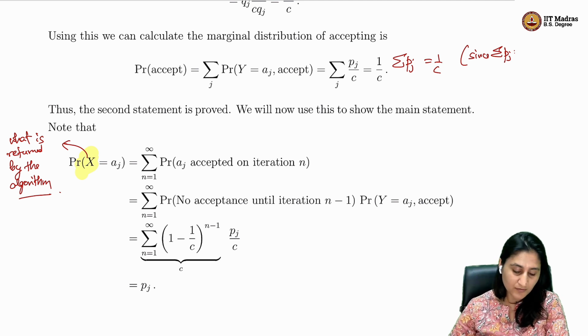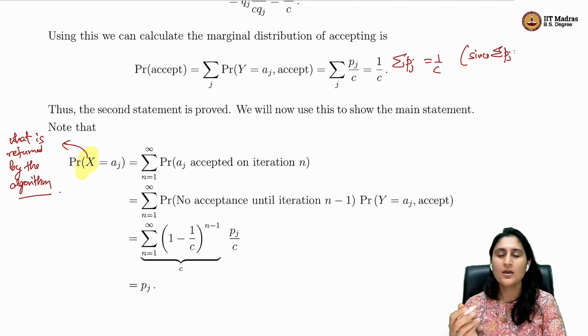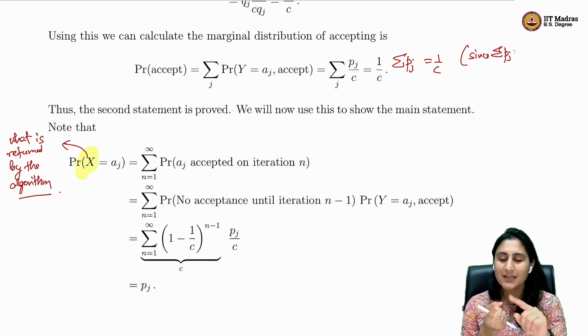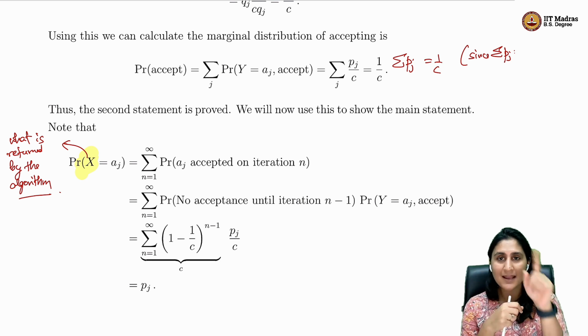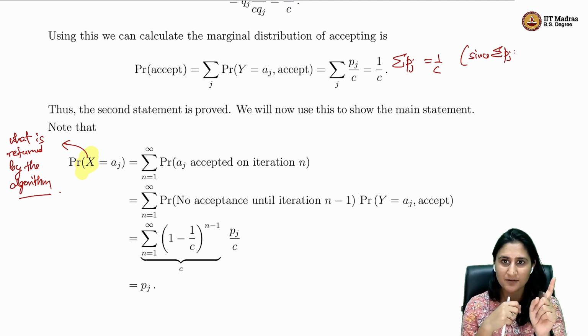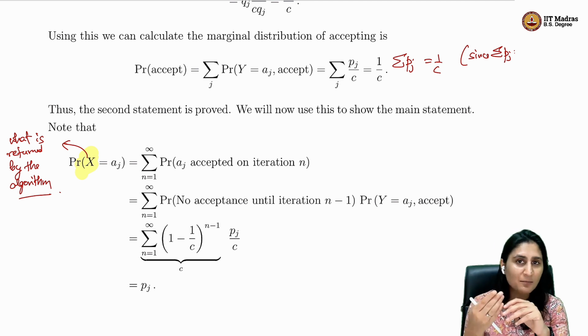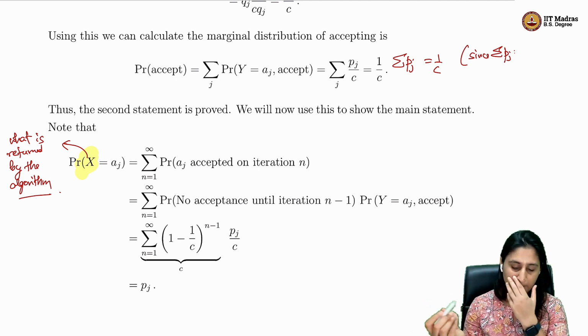Now, probability x is equal to aj. How can my algorithm return aj? Well, it could return aj if it exited the loop in the first attempt and aj was what it accepted, or it accepted aj in the second attempt, or in the third attempt, or in the fourth attempt, and so on and so forth.